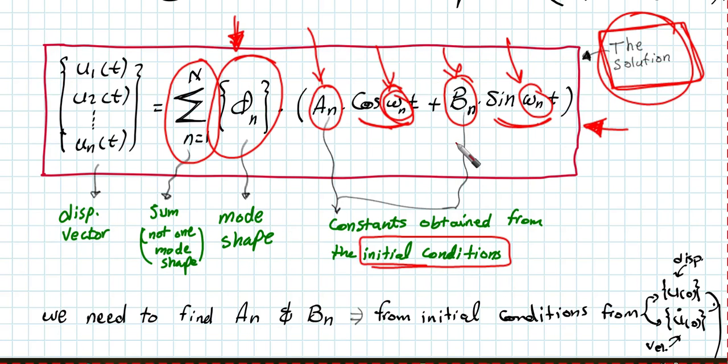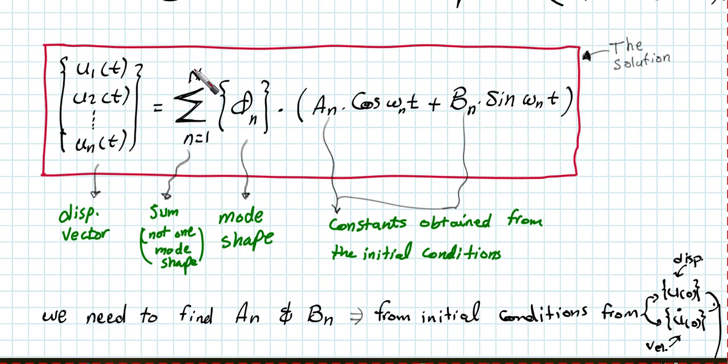But again, the most difficult part is that omega is okay, since we already know how to obtain it from the eigenproblem. And the modal amplitude vector, we already know about it. Then the summation is something mathematical.